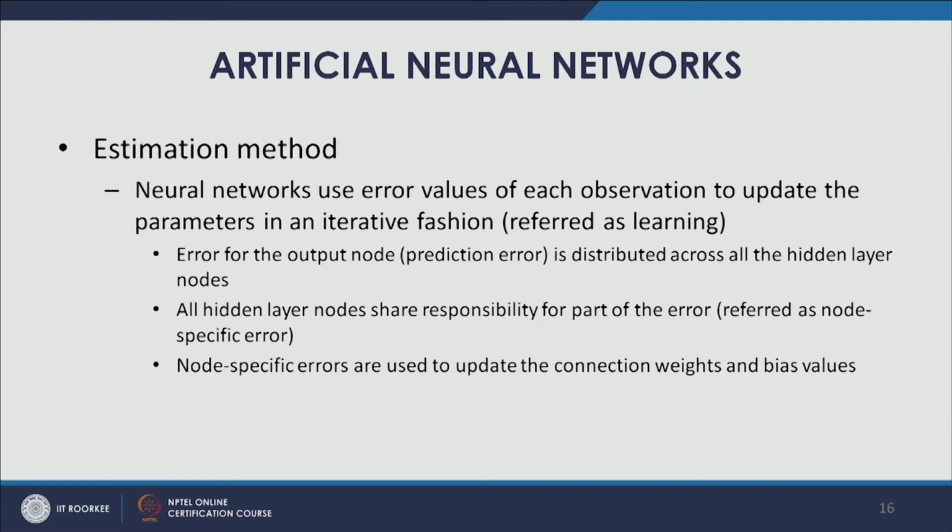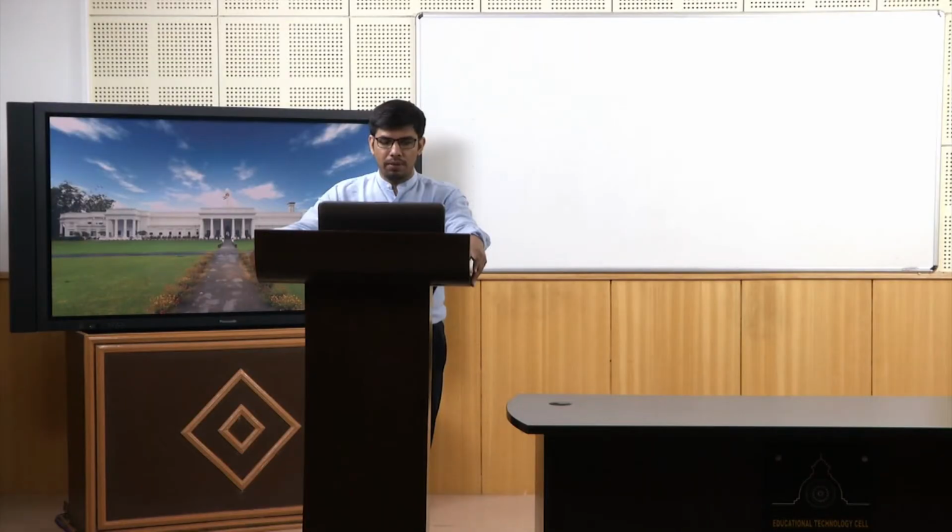As you can see in a few more points on the slide, the error for the output node, that is the prediction error, is typically distributed across all the hidden layer nodes. That is what happens in a neural network. All hidden layer nodes share responsibility for part of the error. So all the nodes we talked about, the hidden layer nodes and output layer nodes, are part of the learning process.